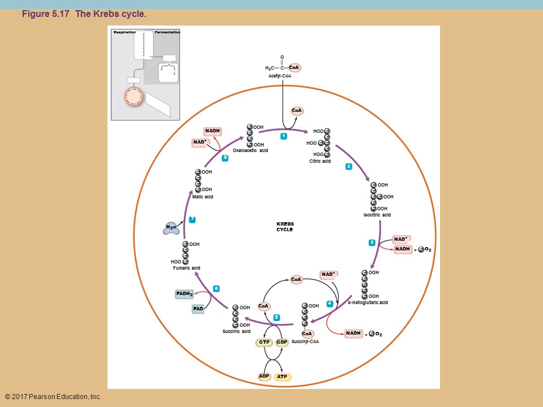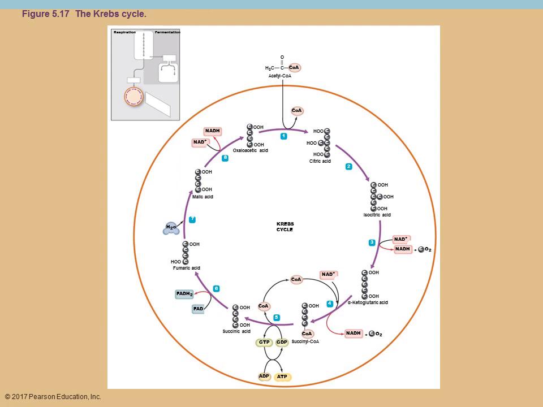Now comes in another one of our electron carriers, FAD. It removes a pair of electrons, leaves us FADH2, and you're left with fumaric acid, still a 4-carbon compound. Now you have water come in, add that to it, forming malic acid. Now comes in NAD, removes a pair of electrons, leaves as NADH, and you're back to oxaloacetic acid. And the process can continue around again.